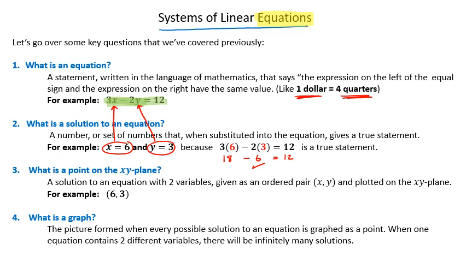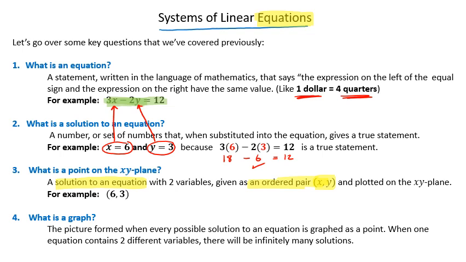Now, question 3, what is a point? A point is a solution to an equation, right? We're not graphing functions here because functions don't have solutions. But when we're graphing an equation, a point is a solution to an equation. And that equation must have two variables. Because if it's going to be a point on the plane, on the xy plane, that means each solution is given as an ordered pair.